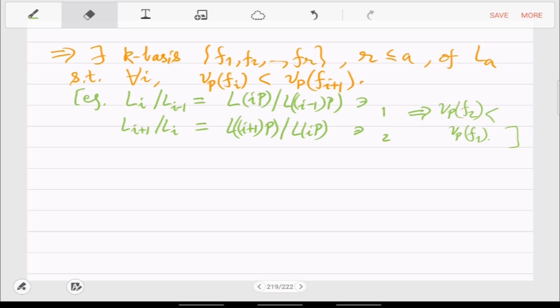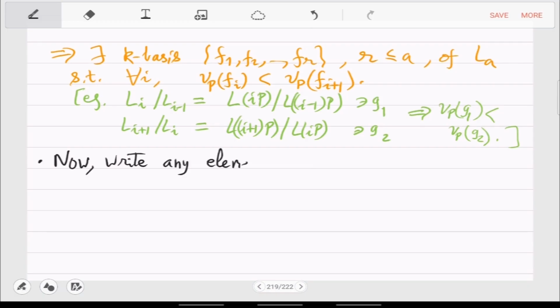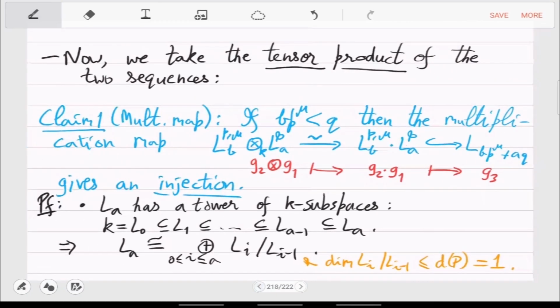So let's not use the same f. So we have found this basis and now we write, from the hypothesis, this LB tensor LA.